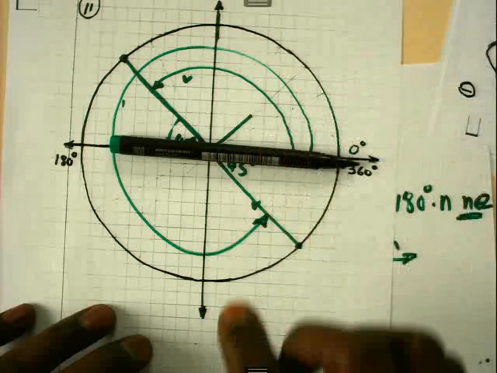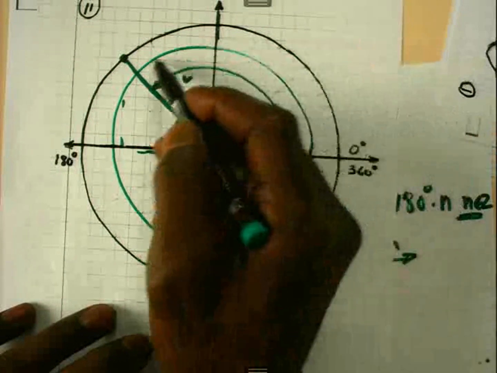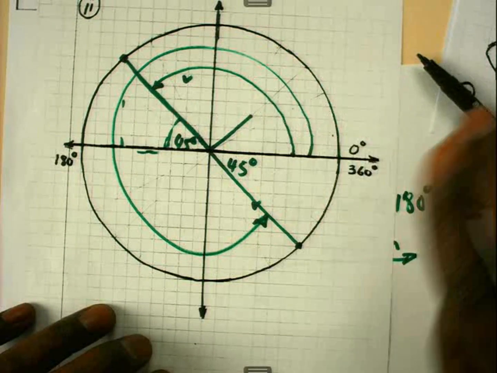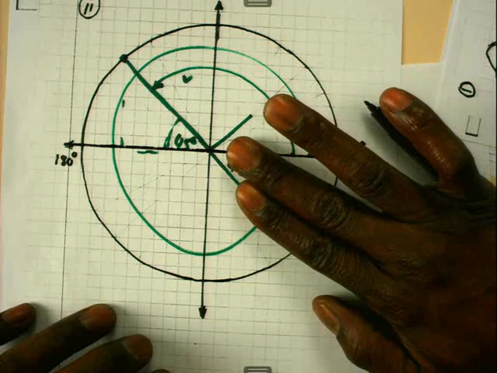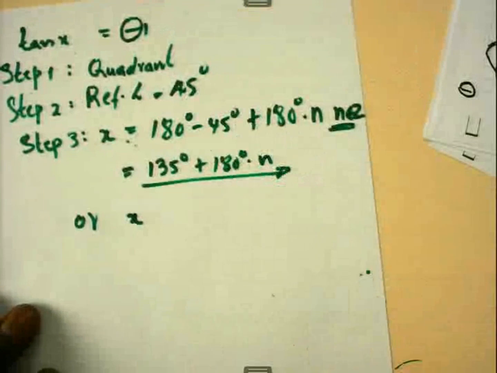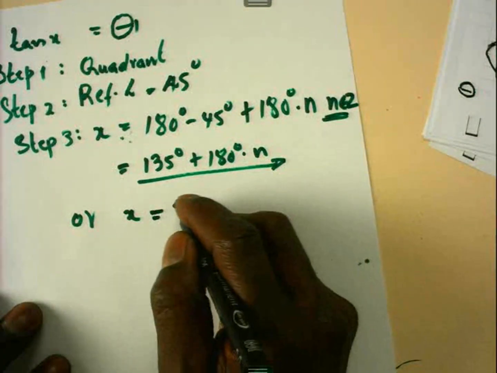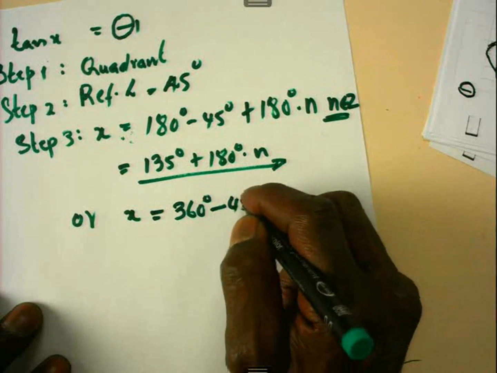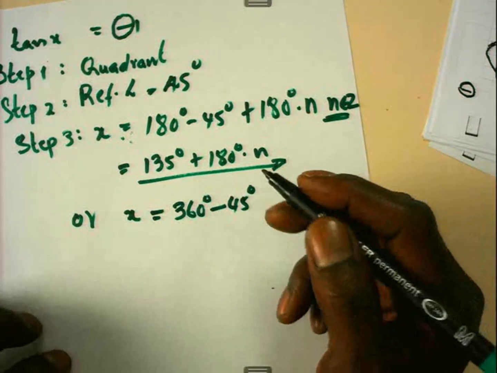So this angle here will be 360 degrees minus this reference angle there. So our solution will be 360 degrees minus our reference angle, which was 45 degrees.